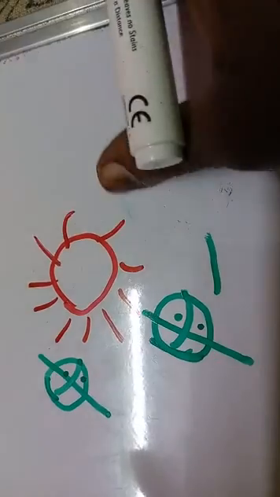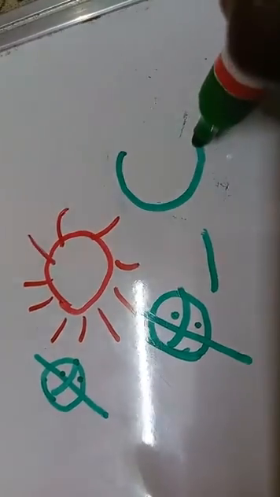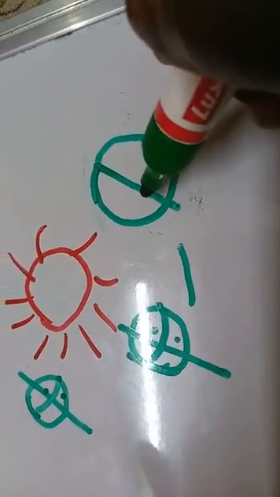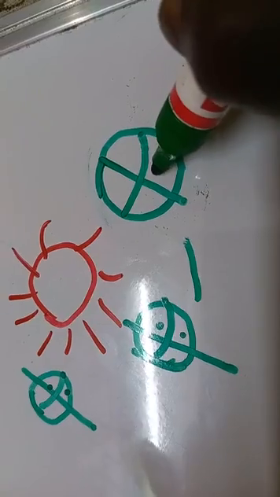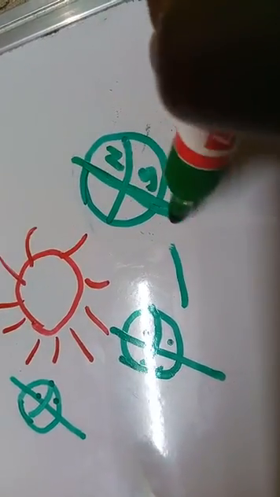Like this it changes its position and the tilted axis, and here is the southern hemisphere, here is the northern hemisphere.